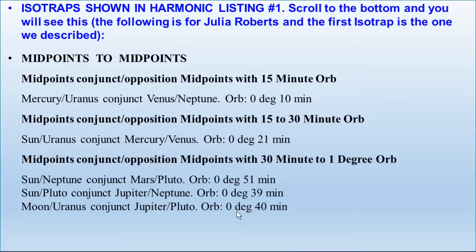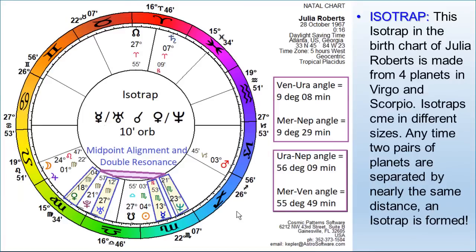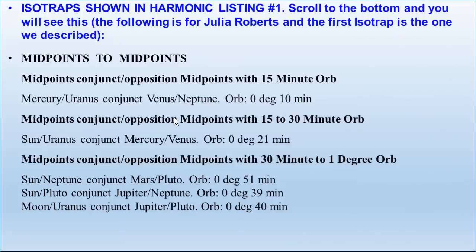Now, if you want to find these isotraps, how would you find them? How do you know that Mercury's midpoint is conjunct Venus-Neptune? Right now, we're going to be adding more ways to find this, but right now in the Kepler and Sirius software, you go to harmonic listing number 1 and you scroll to the bottom and you will see this. I'll show you.